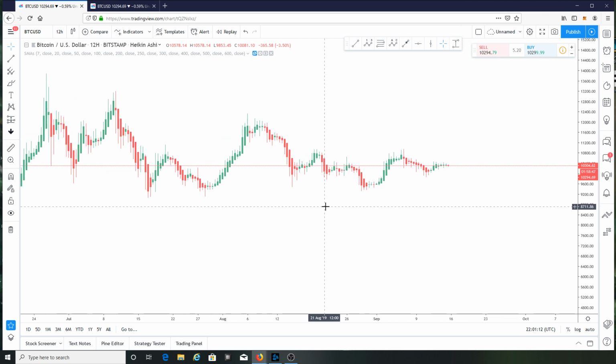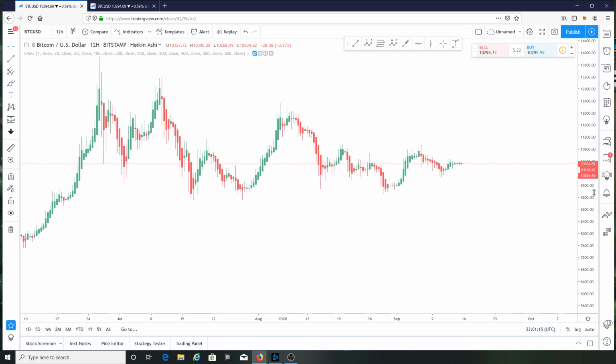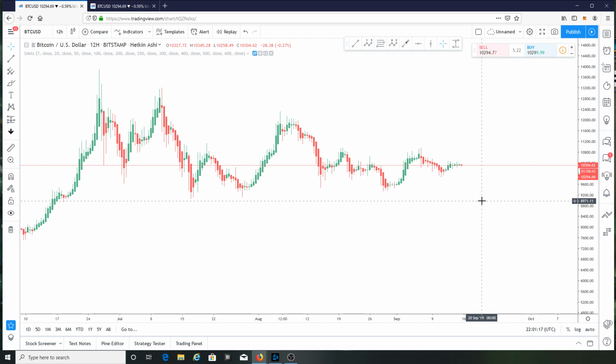Now, Heiken Ashi is probably another one of the more popular ones to use. The Heiken Ashi candlesticks are constructed like regular candlestick charts, except the formula for calculating each bar is different.